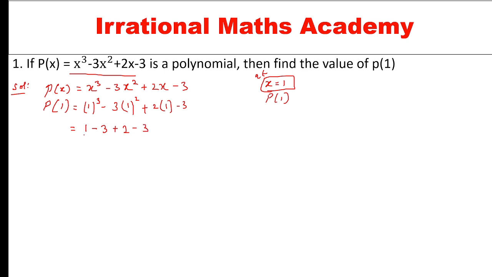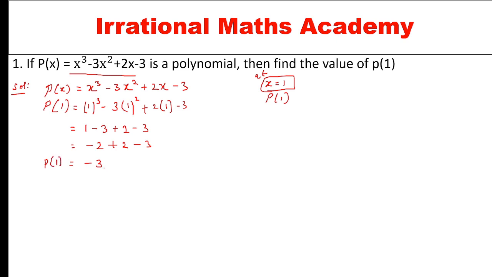Either you can add all pluses on one side and all minuses on the other, or you can do it normally. So 1 minus 3 is minus 2, plus 2 and minus 3. Minus 2 plus 2 is 0. So the answer is minus 3. Is this clear?